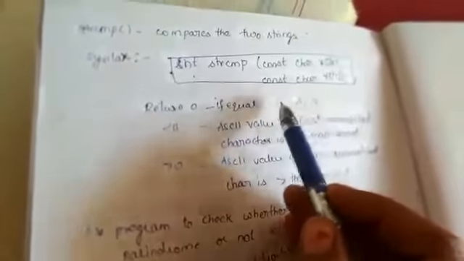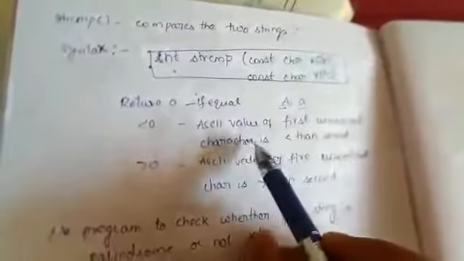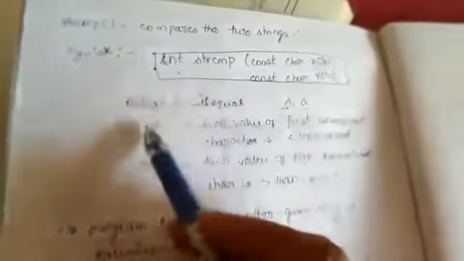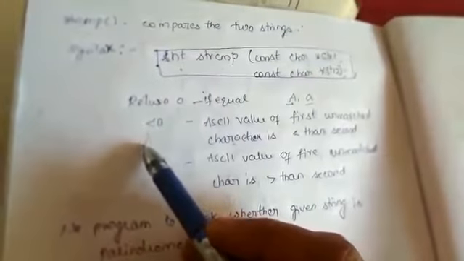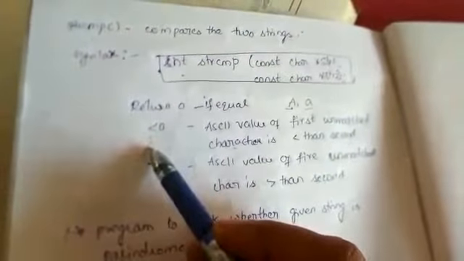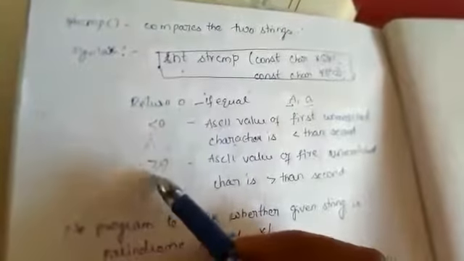So if the ASCII value of the first unmatched character is less than the second, then it returns less than 0. If it is greater, then it returns greater than 0.